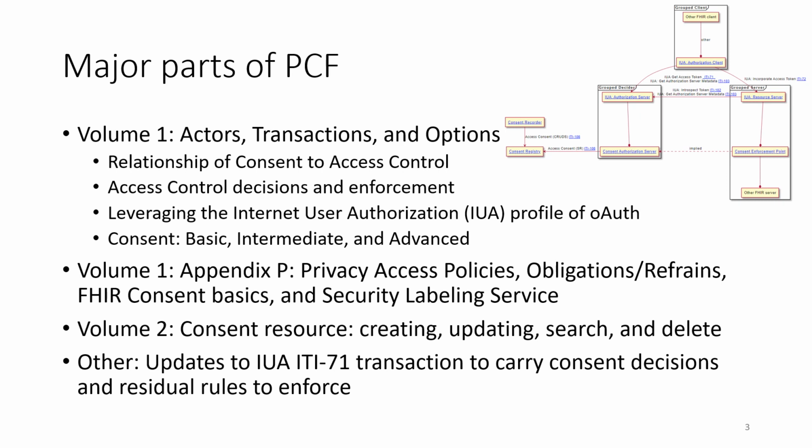We are leveraging the Internet User Authorization, the IUA profile, that is a profile of oAuth, and within the consent, we're providing three primary distinguishing options. There are basic options that support classic opt-in and opt-out.